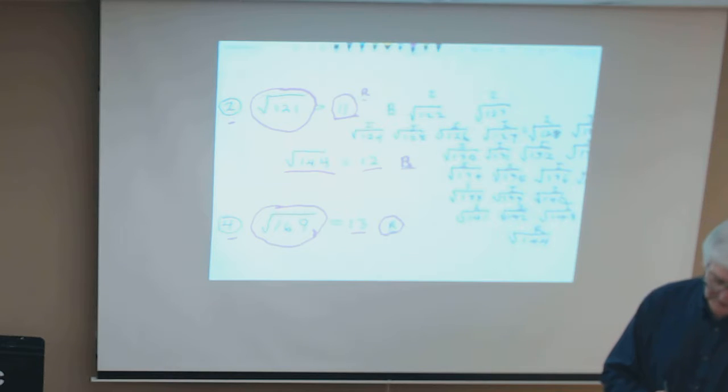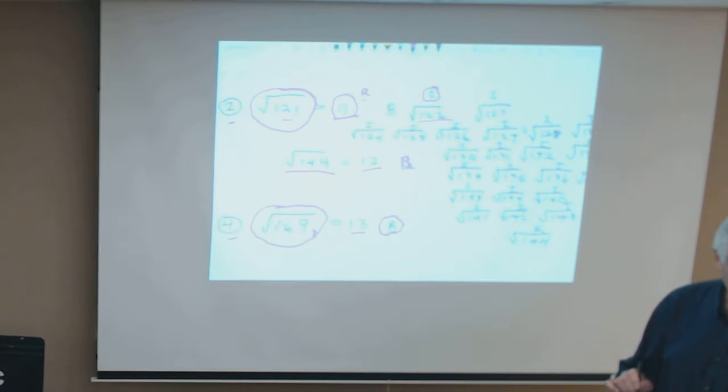Now, here's the square root of 121. What's the square root of 122? Hit your calculator, put 122 and hit square root, and what do you get? You get some kind of big long decimal, right? So guess what? That's irrational.